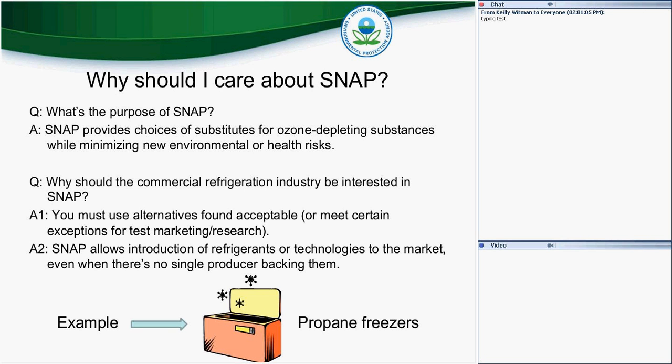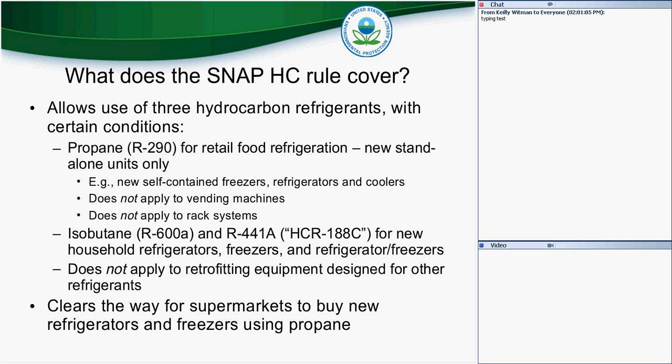One case in particular that we'll talk about today is using propane as a refrigerant in commercial refrigerators and freezers. First, I'll give you an overview of the main requirements of this regulation that EPA issued back in December of last year.